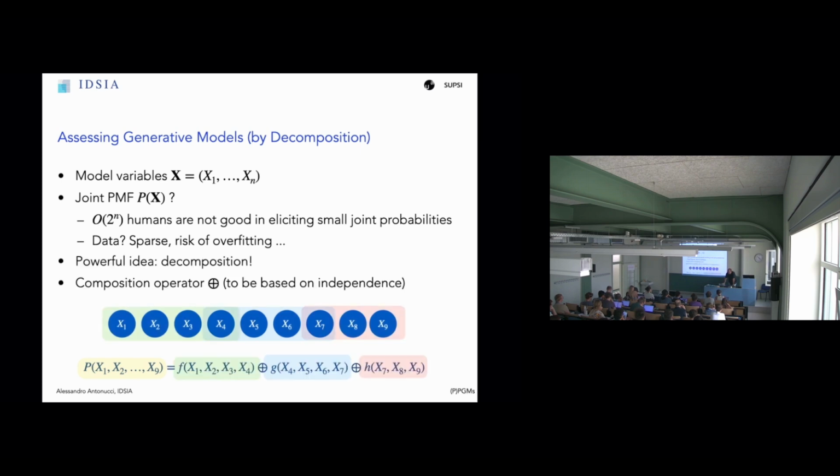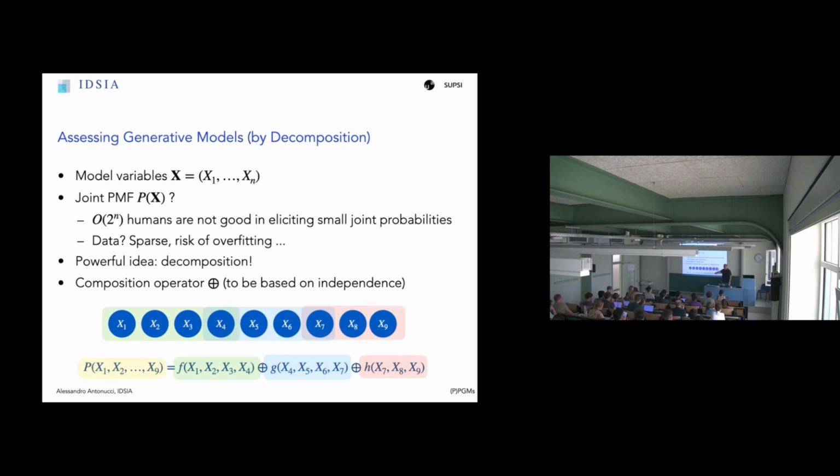And so a typical solution, and a very powerful idea, consists in decomposing the model. So instead of learning a joint probability, in this example jointly over the 9 variables, we learn different models. We decompose the joint model into smaller models involving a smaller number of variables. And let's say that assessing these smaller models is easier than directly assessing the joint model.